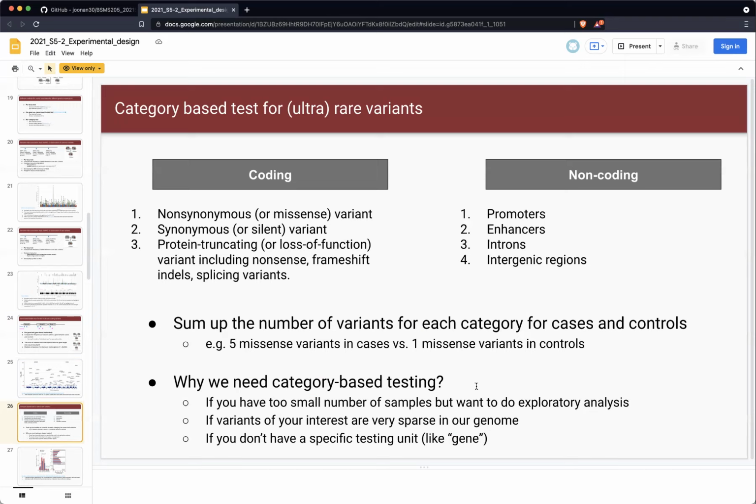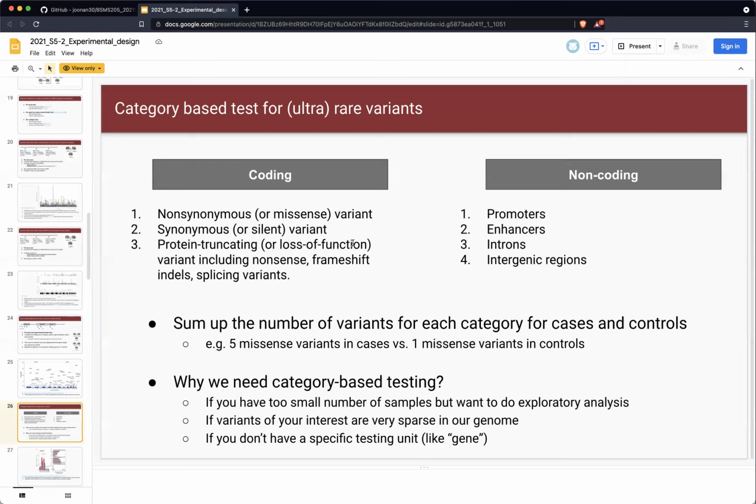The first thing you can ask is whether de novo mutations mostly appear as missense mutations or as protein-truncating mutations. This is the first way you can refine which genetic factors you have to look at first, right? In this case, you can use the category test.